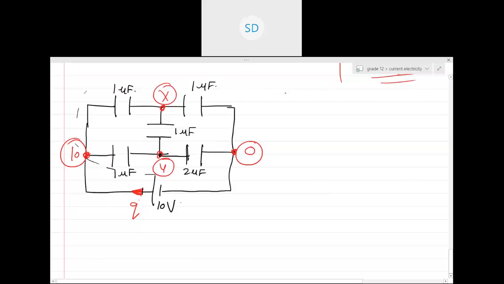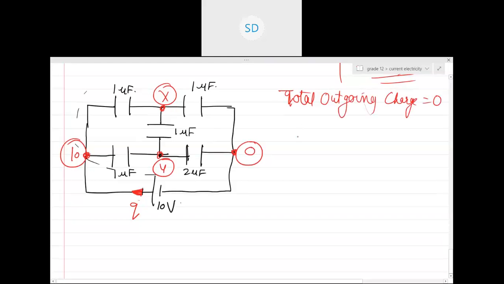So I'll write total outgoing charge 0: 1 multiplied by x, plus 1 multiplied by x minus y, plus this one multiplied by x minus 0. From here you will calculate x.